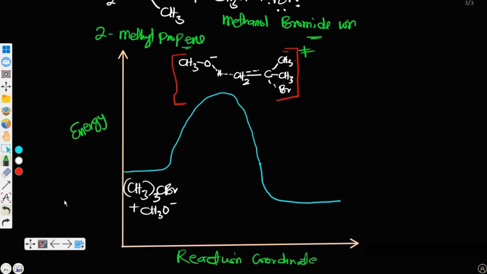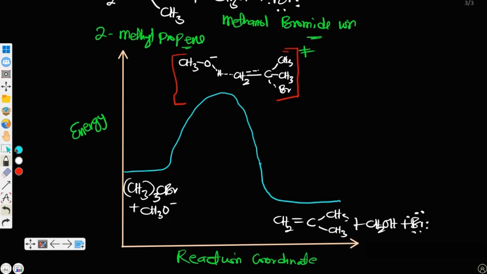And then finally, the next thing we are going to do now is the product. What was the product of this reaction? We have CH2 double bond C, and then you have CH3, plus CH3OH plus Br negative, like this, and this is the product of the reaction.